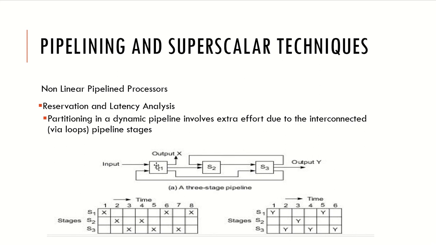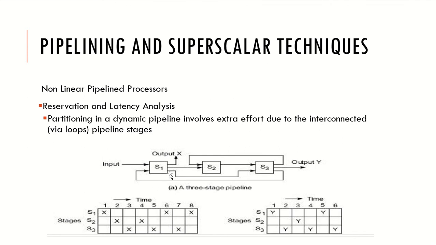But this particular pipeline can actually be used to serve two different functions. The first function is the normal function, which has an output y, and the other is another function which has an output called x. When you want to do the function x, you can configure the pipeline accordingly. When you want to do the function y, you can configure the pipeline accordingly.